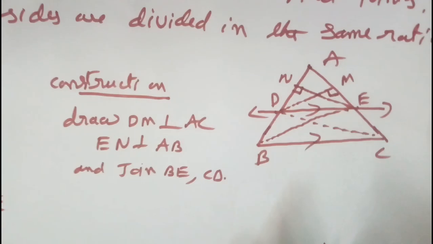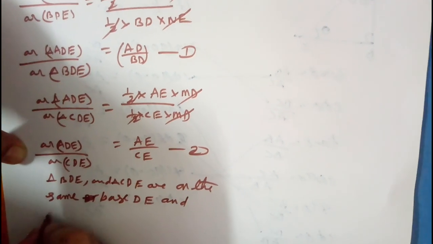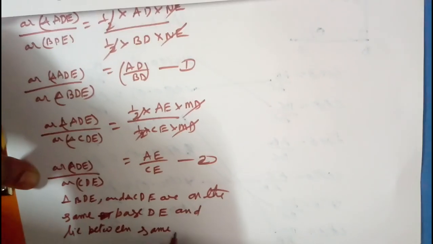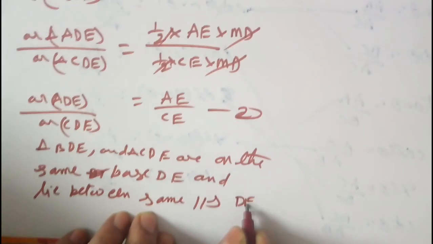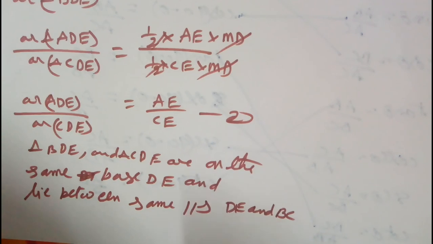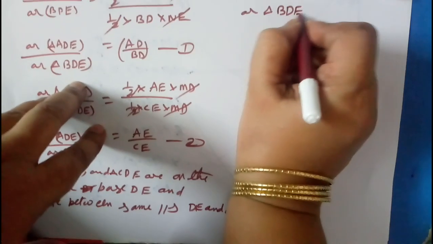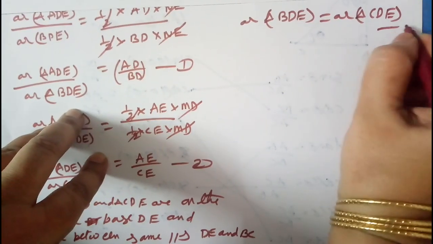DE is the same base. Same base DE and lie between same parallels. So what are the parallels? DE and BC. Therefore, area of triangle BDE is equal to area of triangle CDE. So this is equation 3.